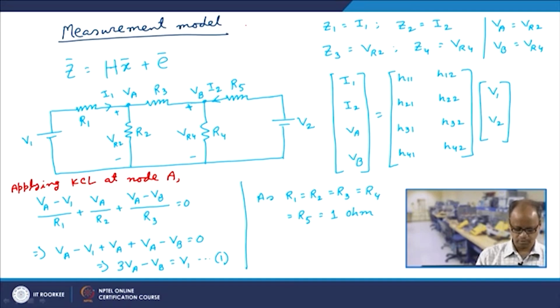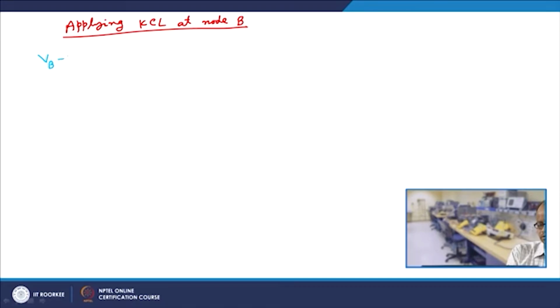Now applying again KCL at node B, what we get is (VB minus V2) by R5 plus VB by R4 plus (VB minus VA) by R3 is equal to 0.